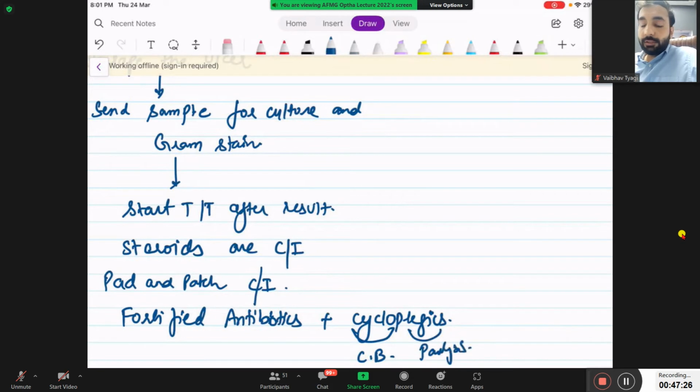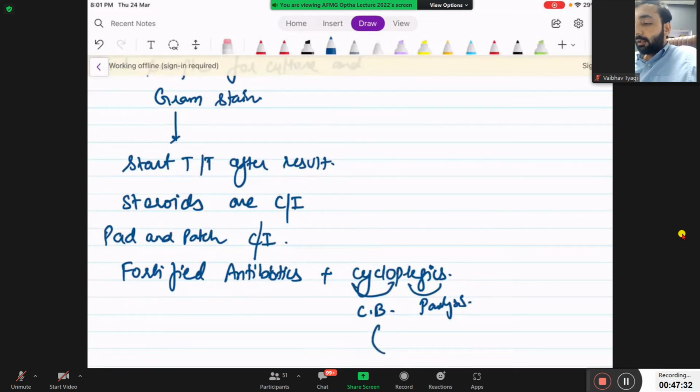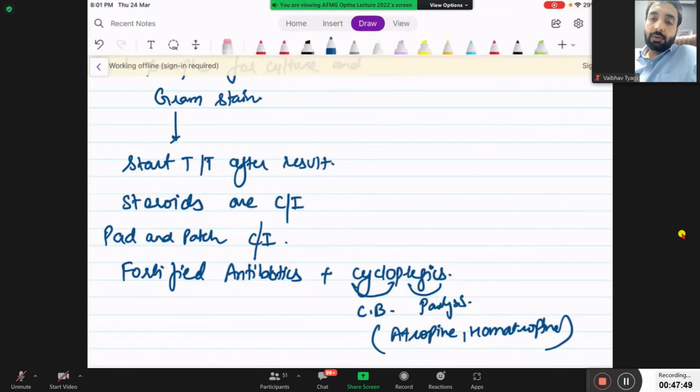So the drugs which cause paralysis of the ciliary body are called cycloplegics, like atropine, homatropine. So what will happen? These cycloplegic drugs will help the patient by reducing the pain. So pain is reduced in ophthalmology when we give cycloplegic drugs.